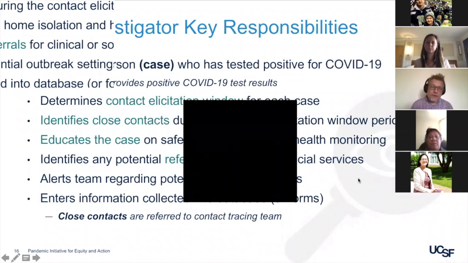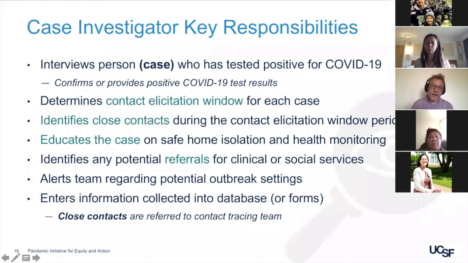We're most interested in the period of time when the risk of transmission is greatest. And so we specifically ask about close contacts that have come into contact with that case during the period of time while they had symptoms, and then for 2 days before the onset of symptoms.